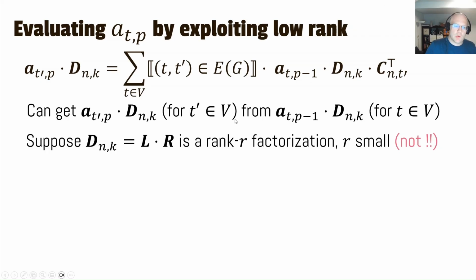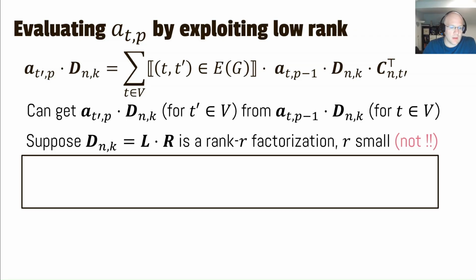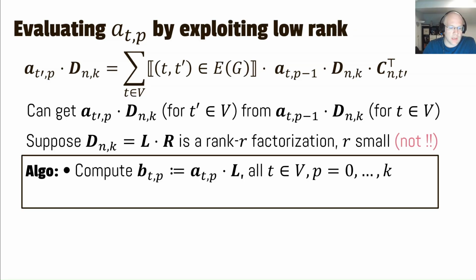And that's of course very useful, especially if this disjointness matrix has low rank. So suppose that it can be factorized as L times R, capital L times capital R, where the common dimension of capital L and capital R is lowercase r, and let's say r is very small, which is an assumption that is bogus actually, because it has high rank, but we'll get back to that. But suppose that this matrix has low rank, well then we would have a nice idea.